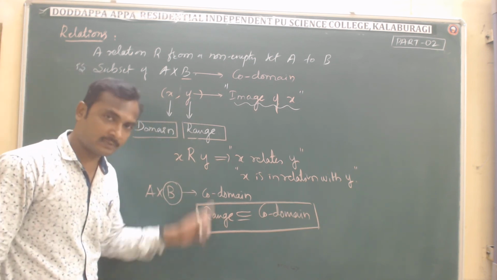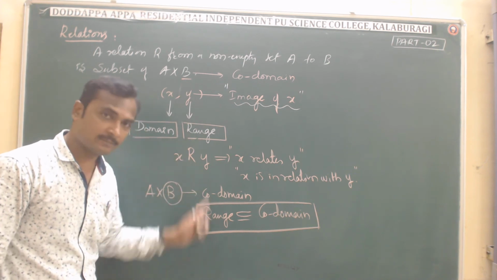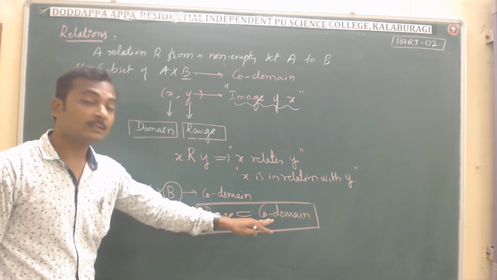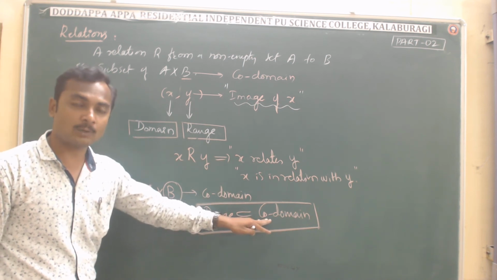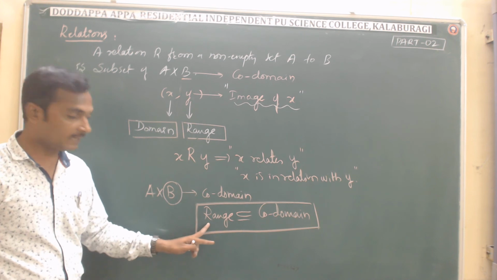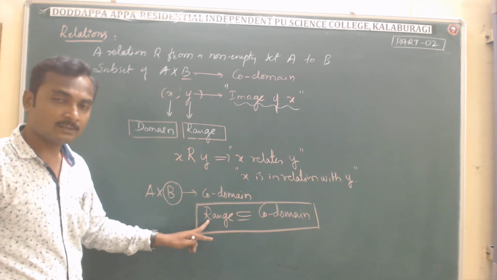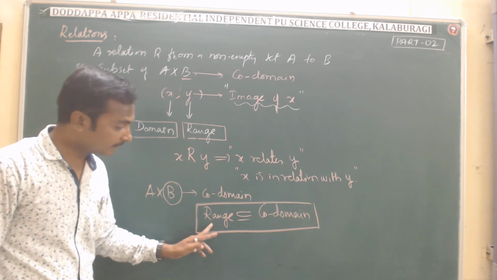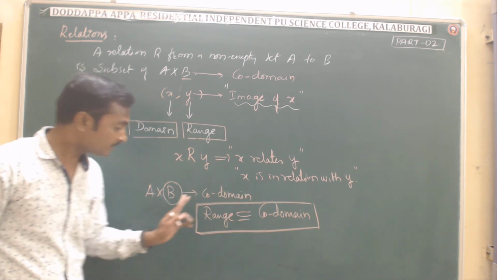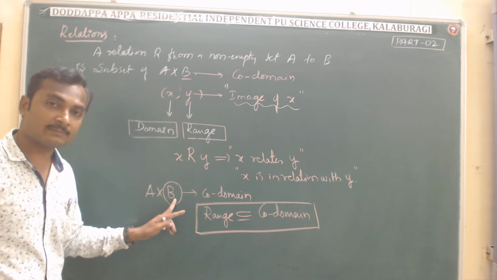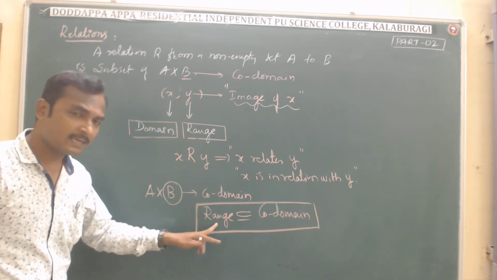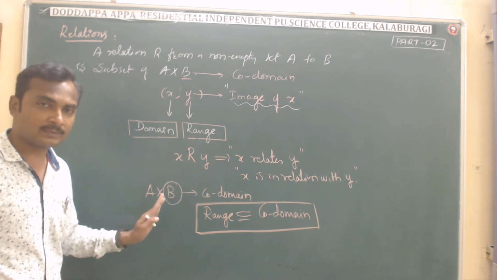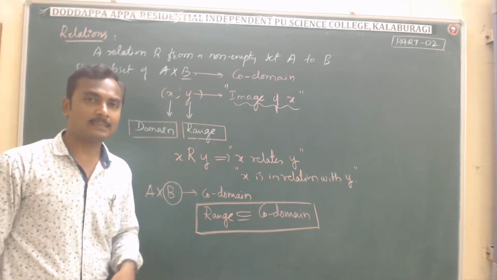Sometimes the range is a subset, or sometimes equal to the set which we are calling the codomain. That is, sometimes the elements in the range are equal to each and every element of the set B. Note this, and with the example we will learn more.